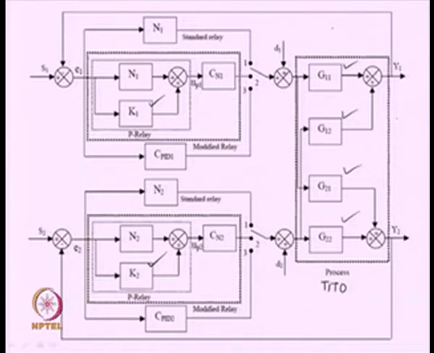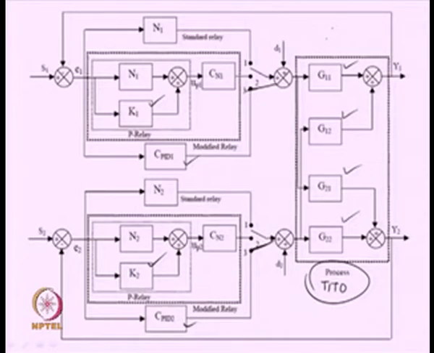Then perform the relay test, then identify the transfer function models, and based on the transfer function model parameters set the PID parameters, and then connect the switches to number 3 and run the system, your TITO system. Then your TITO system will have a decentralized control system having suitable controllers in the loop.